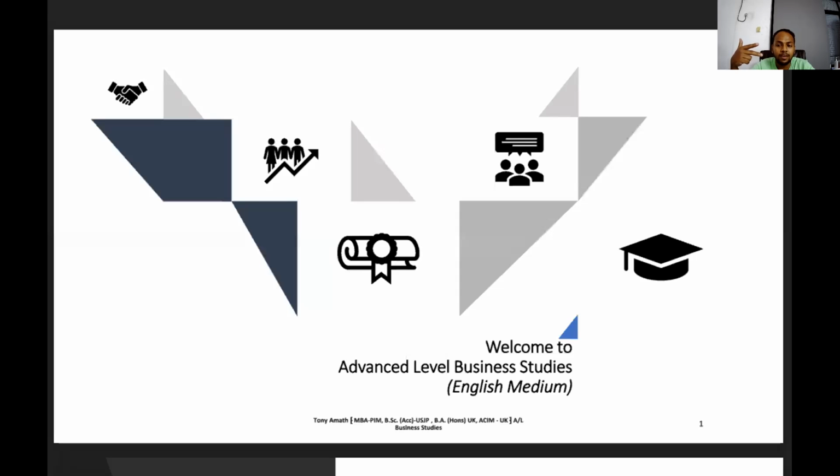He's one of the senior people there, and he has also completed his master's at the Postgraduate Institute of Management, the most difficult MBA in Sri Lanka. So he will continue his session, inshallah, on accounting, business studies, economics. A very talented sir.